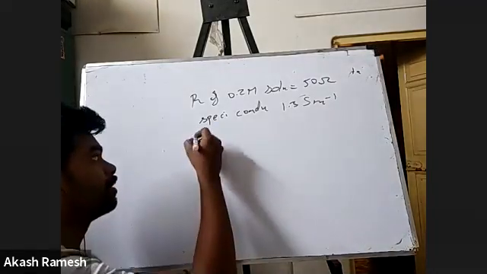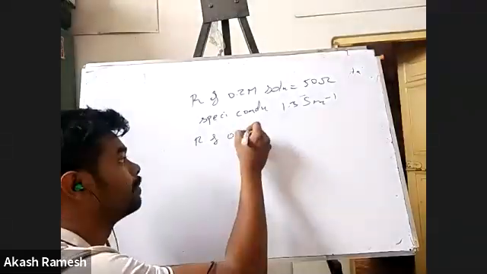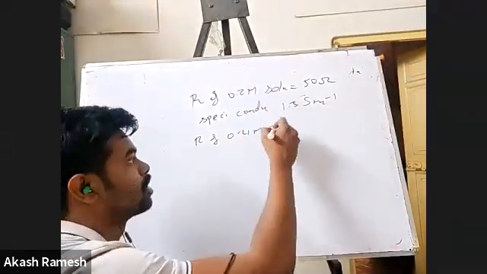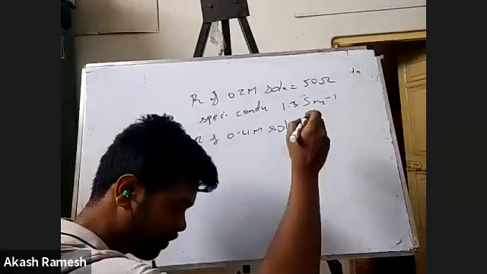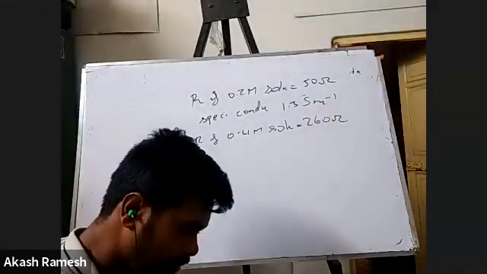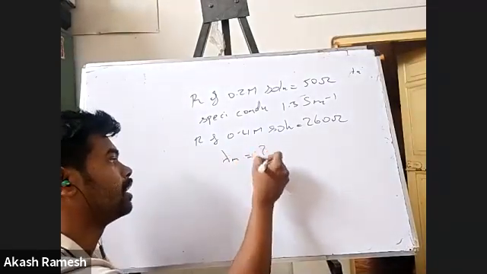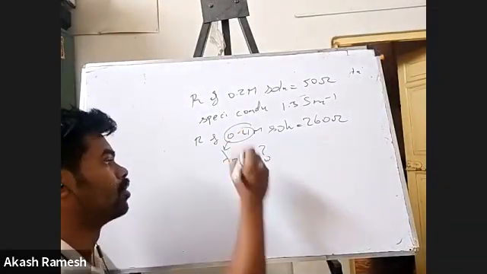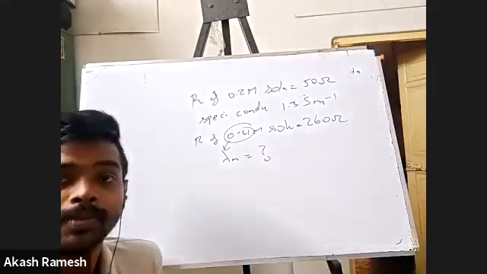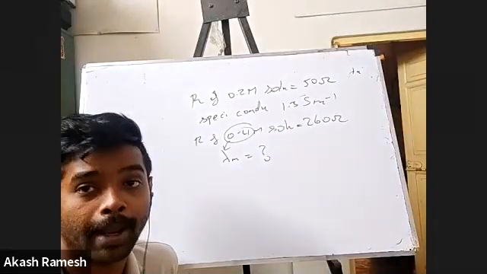And they're telling that if the resistance of a 0.4 M solution of the same electrolyte is 260 ohms, what is the molar conductivity of this 0.4 M solution?